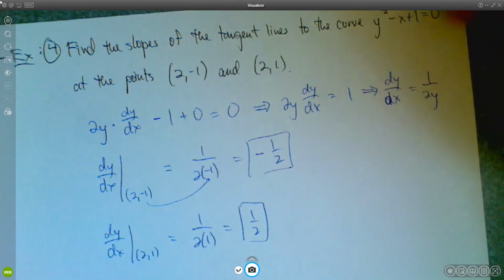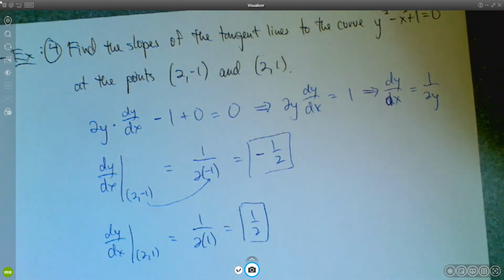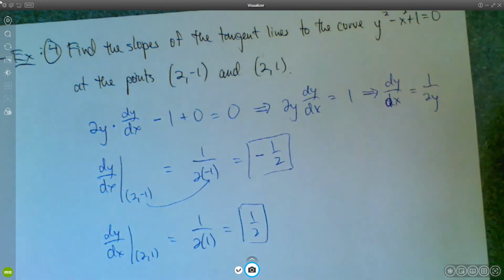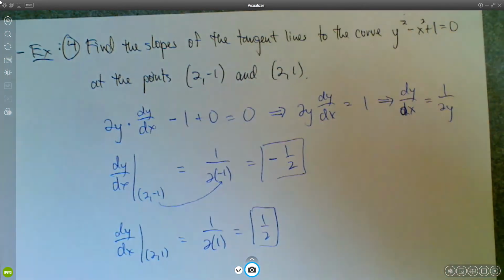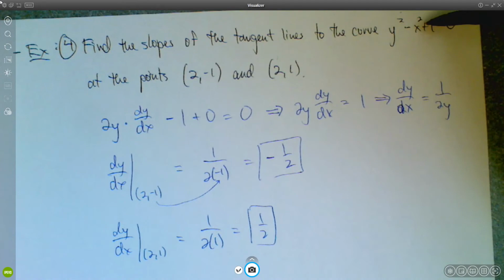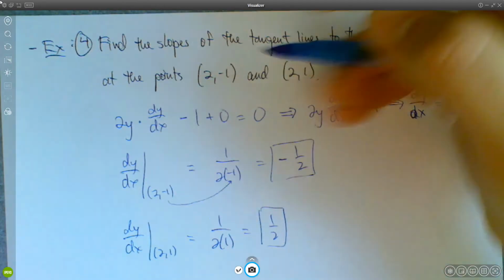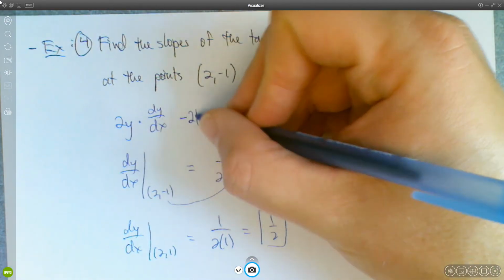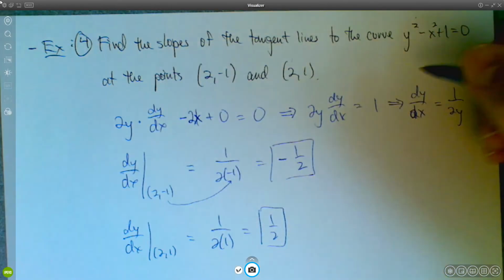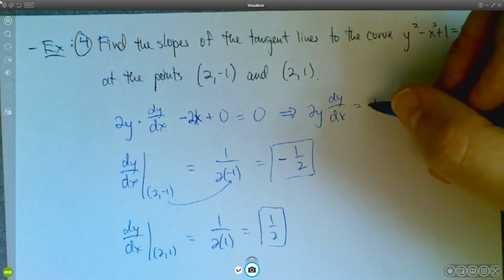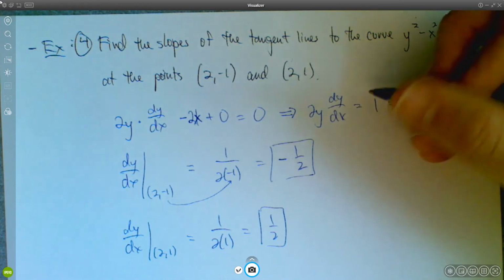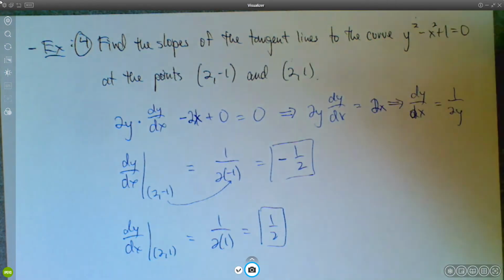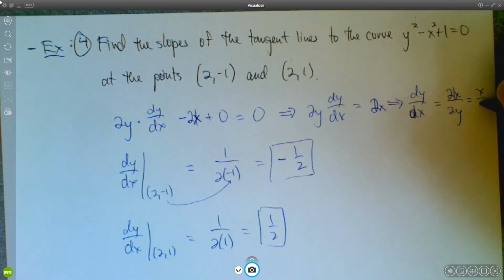It would have been more interesting if this was an x squared, maybe, because then at least x plays a role in what the slope is. If I change this, so you don't have to write this down, but just watch, if I change this to an x squared, now this makes the derivative down here 2x instead of 1, which would make this 2x, which would really mean x over y.